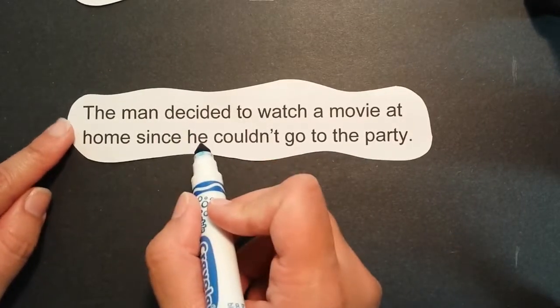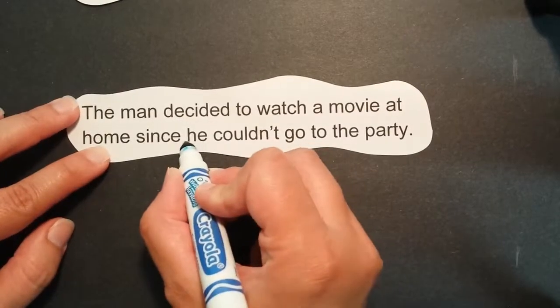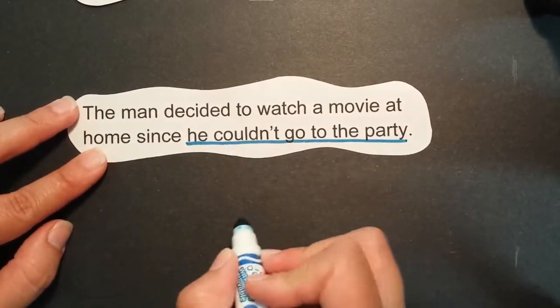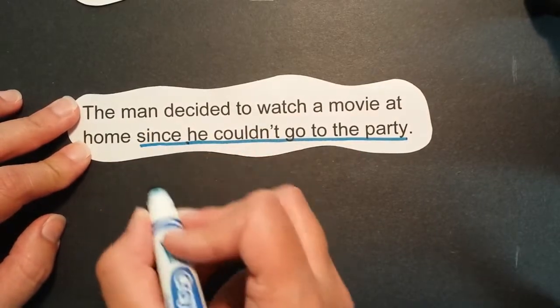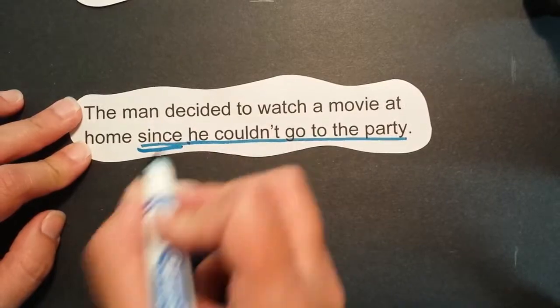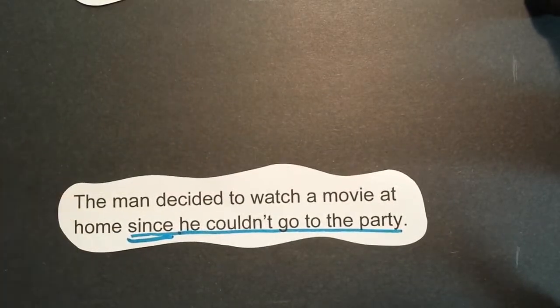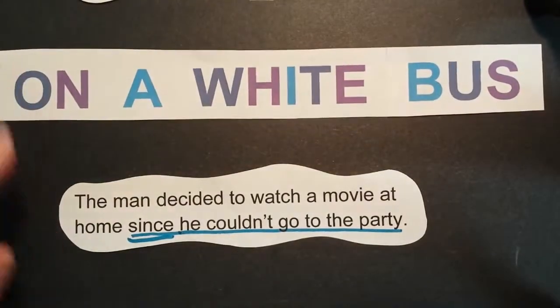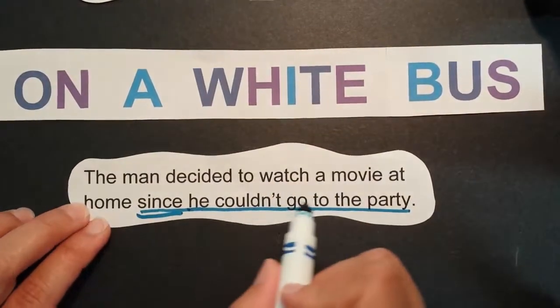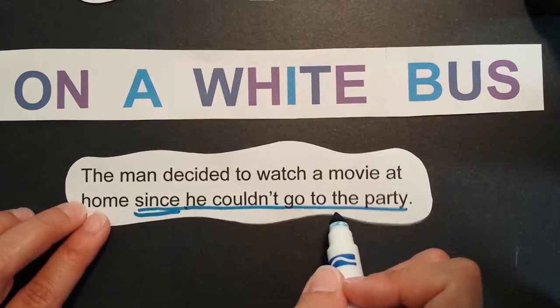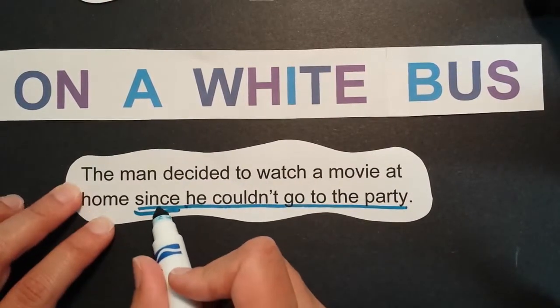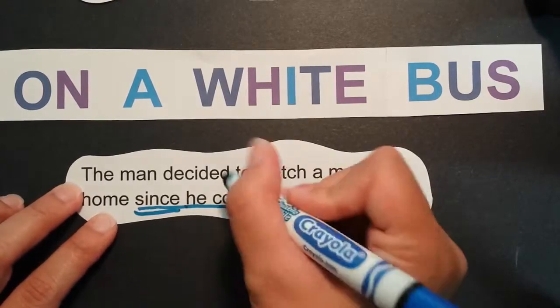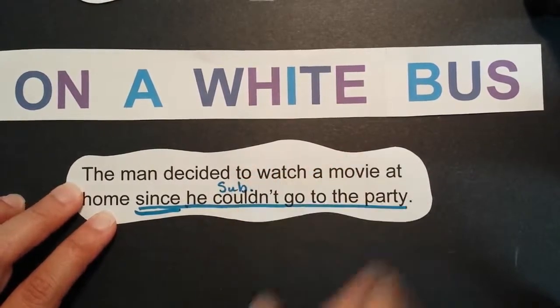I do notice, however, that he couldn't go to the party could be a sentence by itself, but the since right here, that reminds me of my AAAWWUBBIS, because since he couldn't go to the party cannot be a sentence all by itself. So I have a subordinating conjunction here with a subordinate clause.